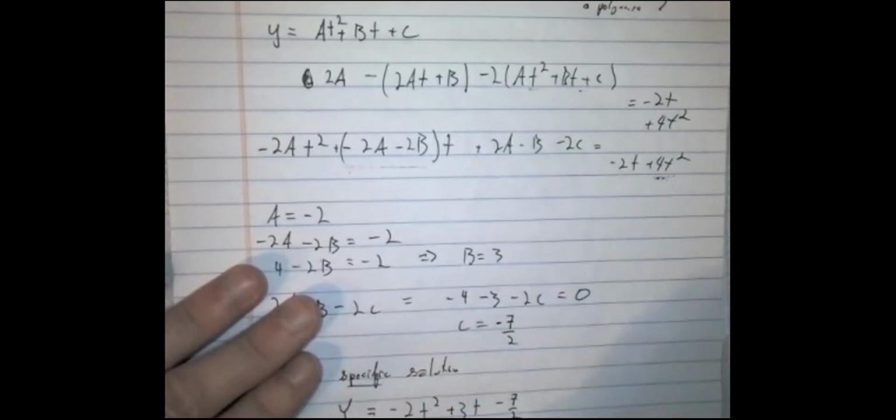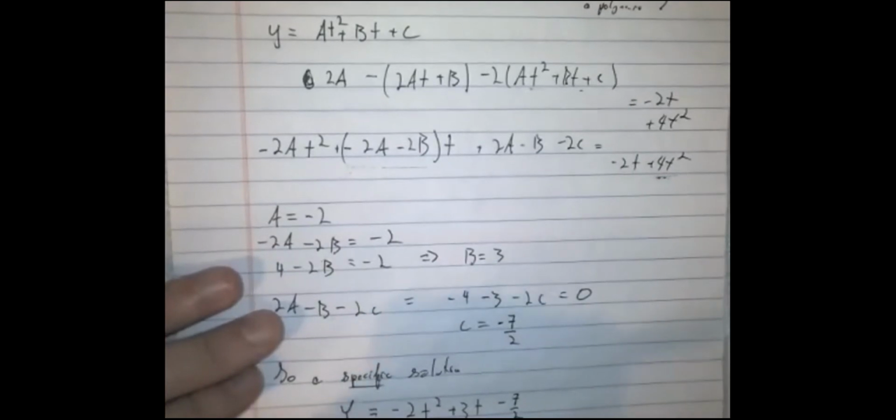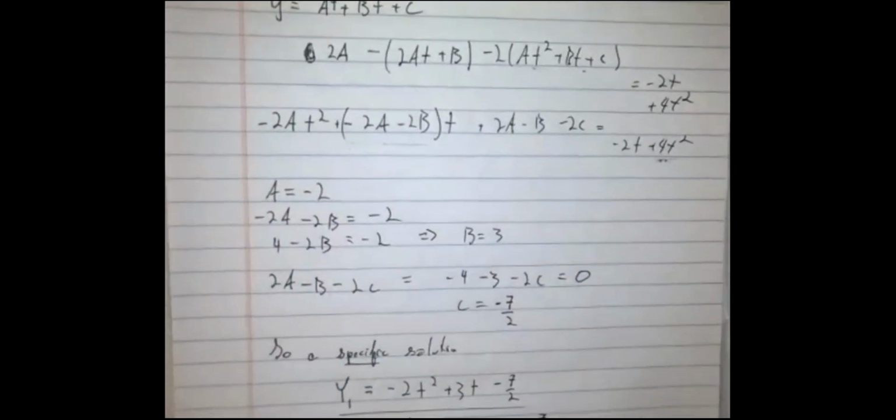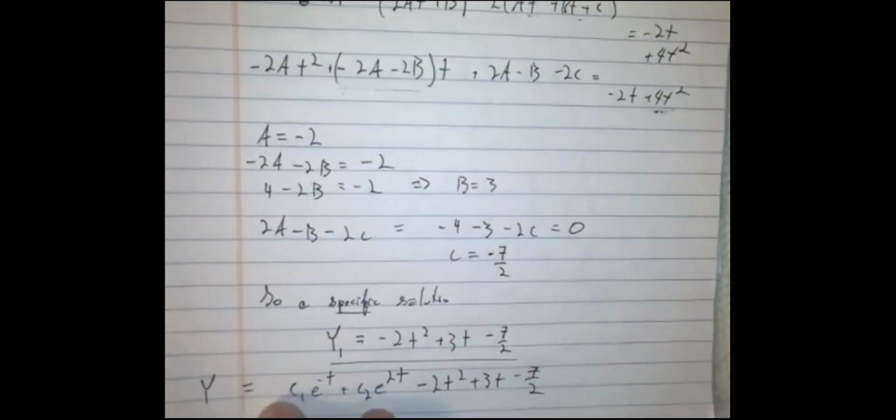Yeah. And then plus this big thing, negative 2t squared plus 3t minus 7/2. This y is the general solution to the differential equation. I add the general solution to the homogeneous piece plus the specific solution that I found.